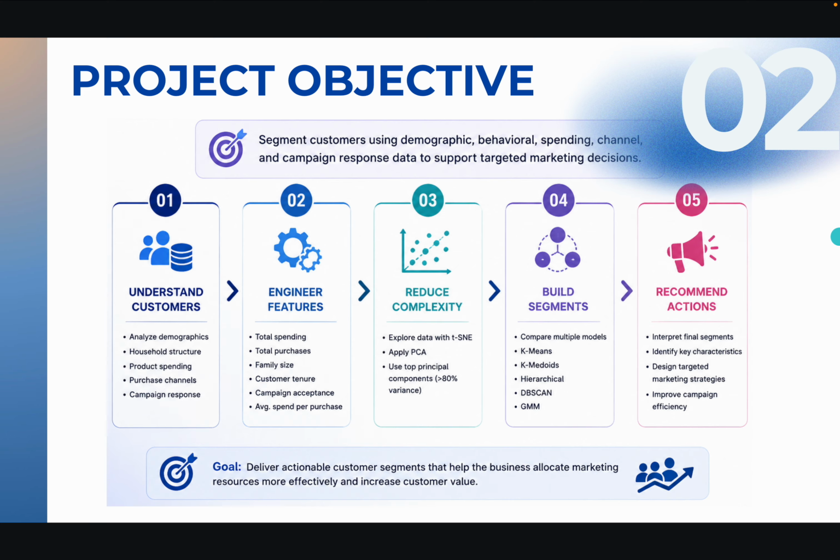Next I would like to talk about the project objective. The objective of this project is to identify meaningful customer groups using unsupervised machine learning. I use customer information related to their demographics, household structure, product spending, purchase channel, and campaign response.